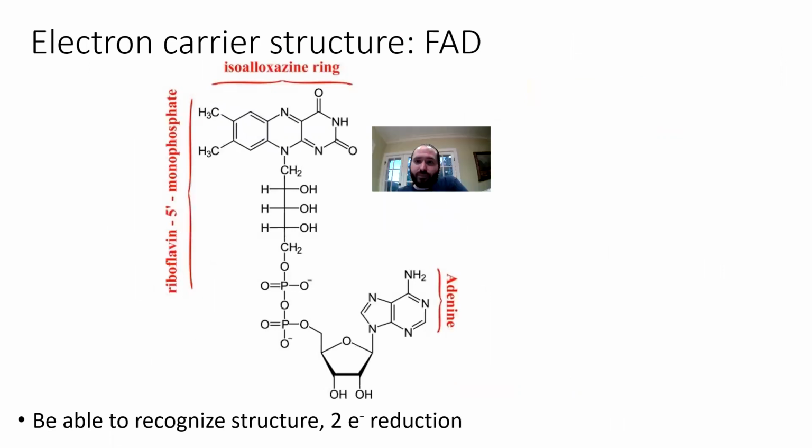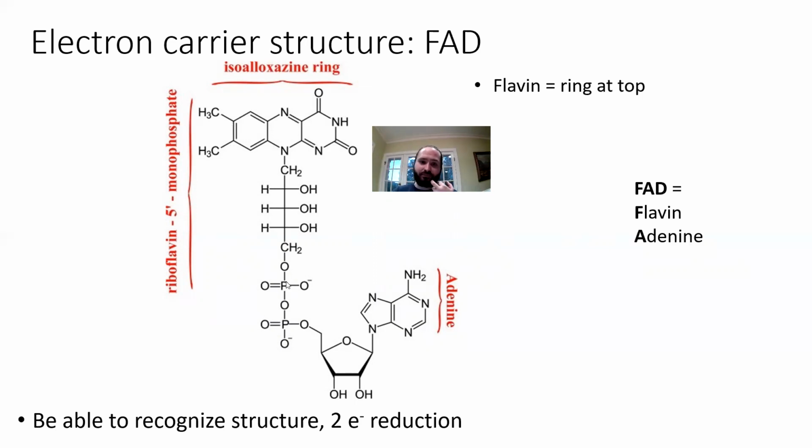FAD. So FAD, what does that stand for? Flavin, yeah. If you look at a nutrition facts label, you'll sometimes see riboflavin, which is a vitamin B. So flavin is this big ring structure up here, easy to differentiate from nicotinamide.